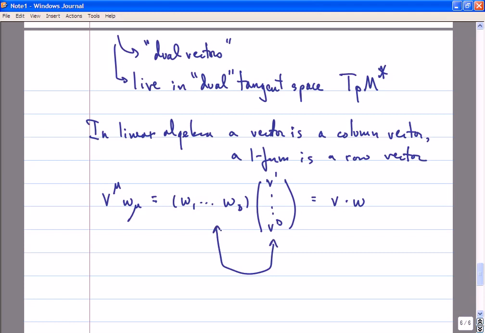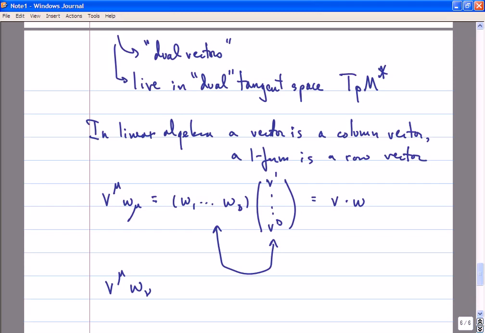Well, you get a whole matrix. You get a set of d-squared quantities, which are the quantities v^mu w_nu, where mu and nu are free indices. So that's sometimes referred to as the exterior product, and the inner product is sometimes referred to as the interior product. That's language that we don't necessarily need to use in this class.